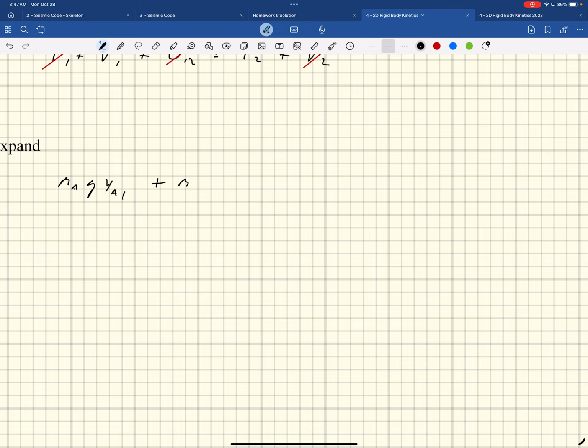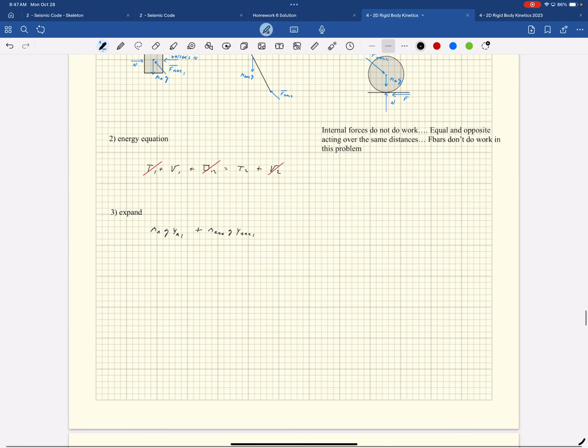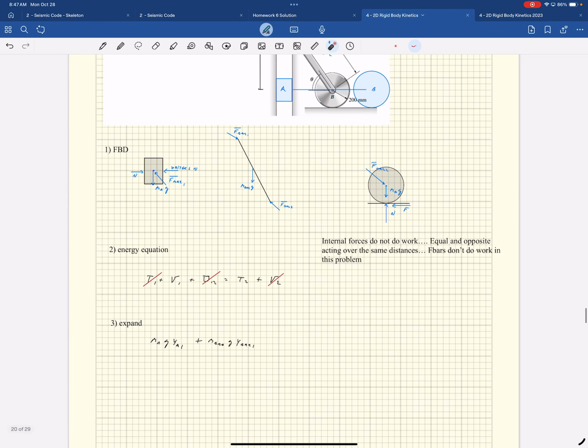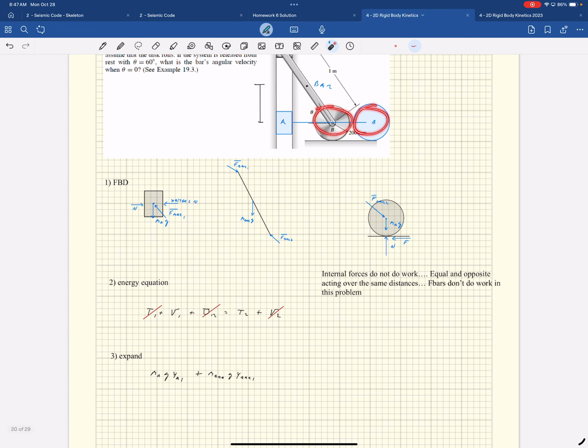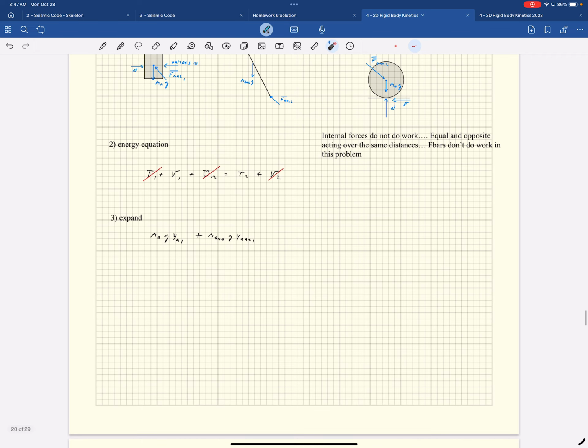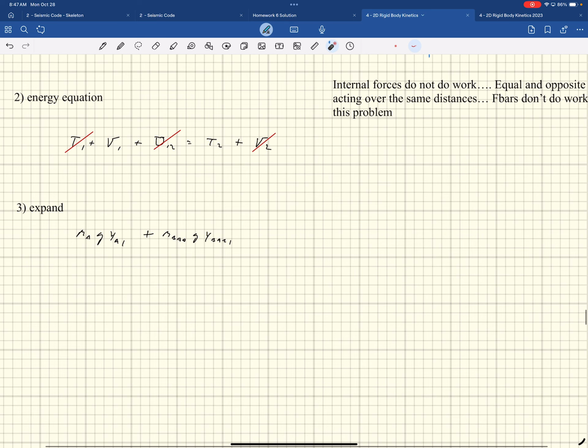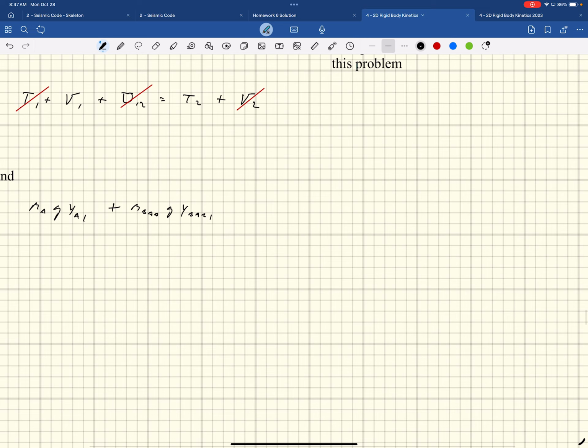Plus M bar times g times y bar 1. And then the disk doesn't change height, it stays the same height, so we don't have anything for the disk. That's it on the left-hand side.